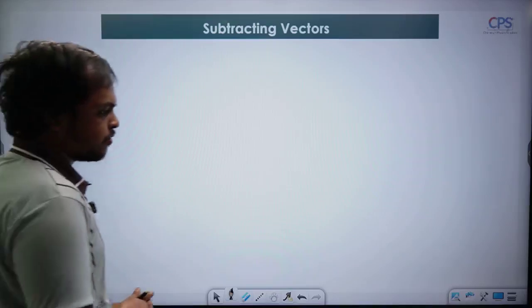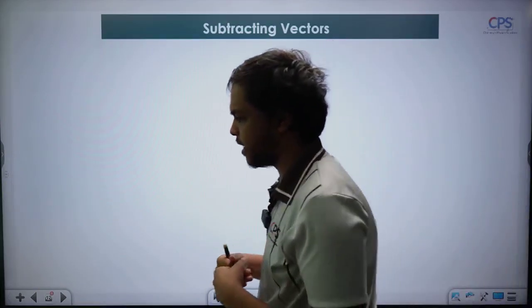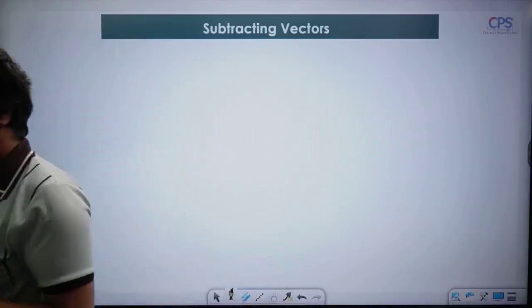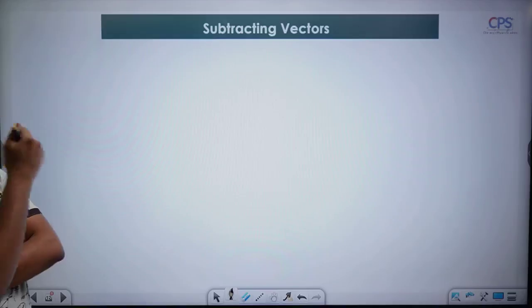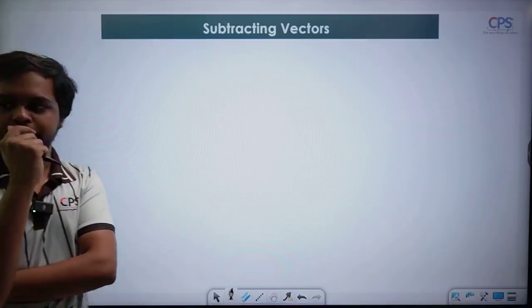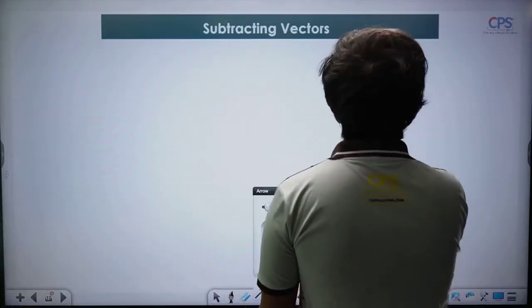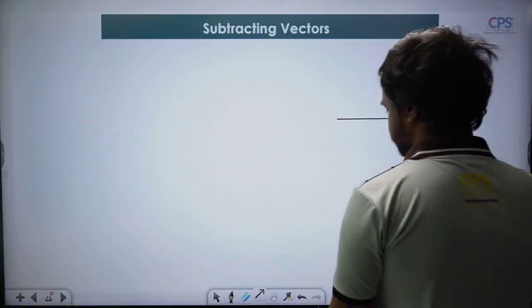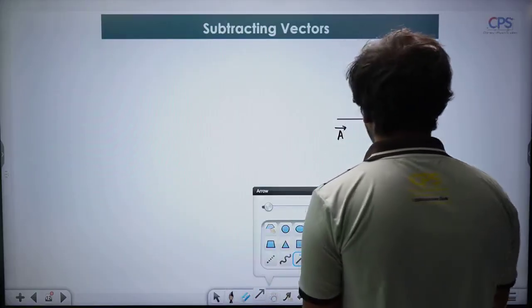Okay, now the final part of our lecture for today, or the topics, or the chapter. We need to subtract one vector from another, okay. See, let's assume there are two vectors. This is a vector, and another vector is b vector here.